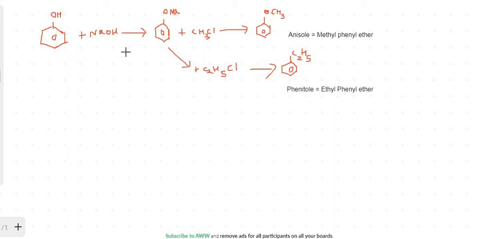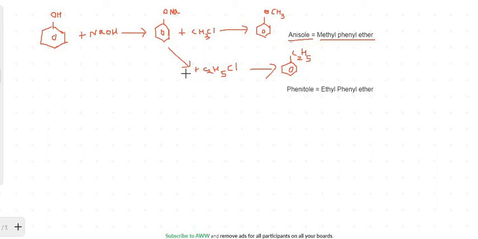It is just like sodium alkoxide, sodium ethoxide, and we have a similar compound with phenol, which we call sodium phenoxide. When it is treated with methyl chloride or chloromethane, the Na and Cl come together as minus NaCl, CH3 attaches with O, and that gives anisole, or we call it methyl phenyl ether.